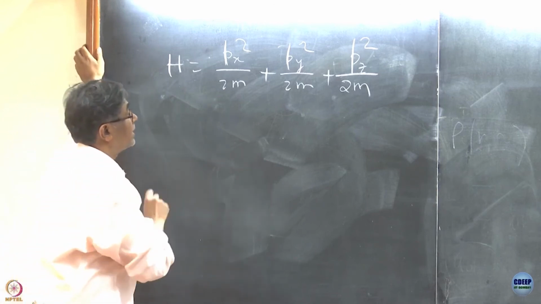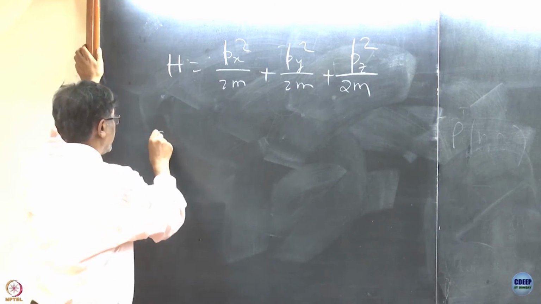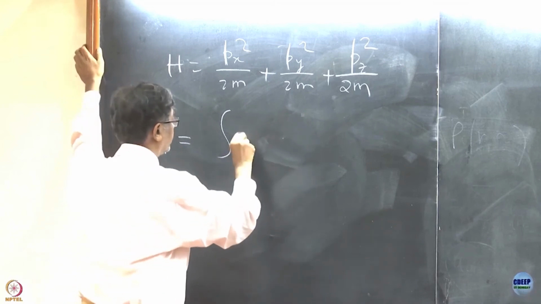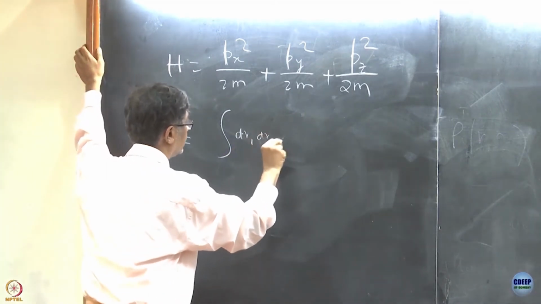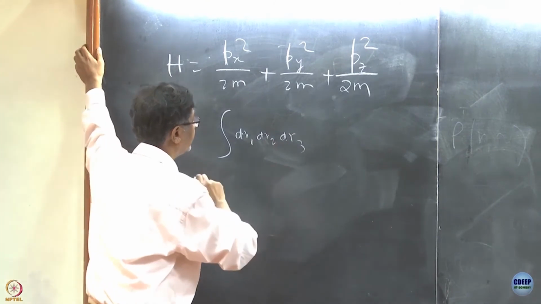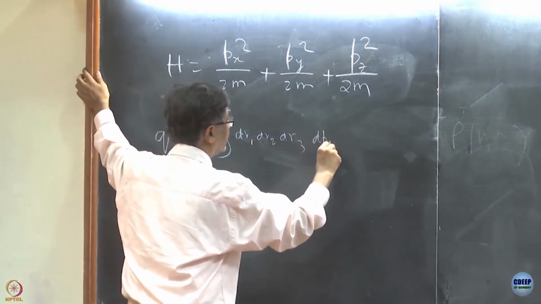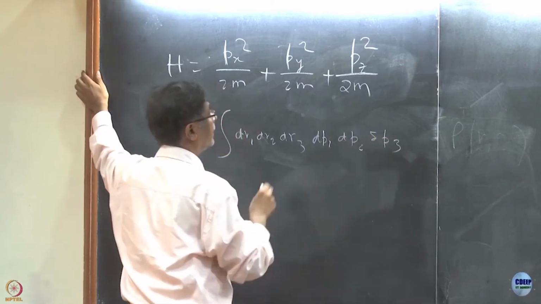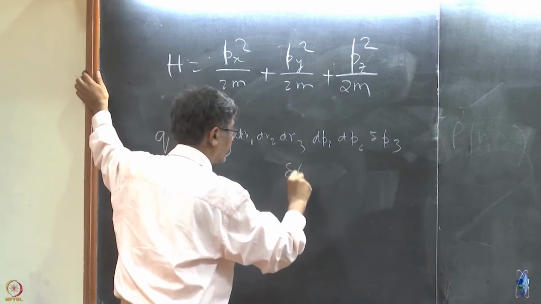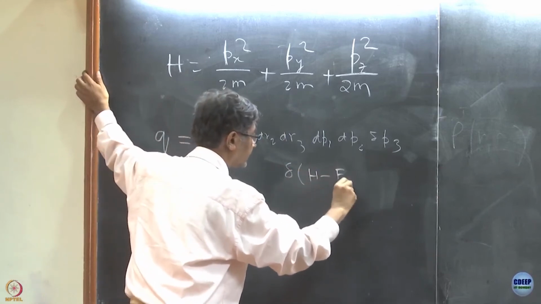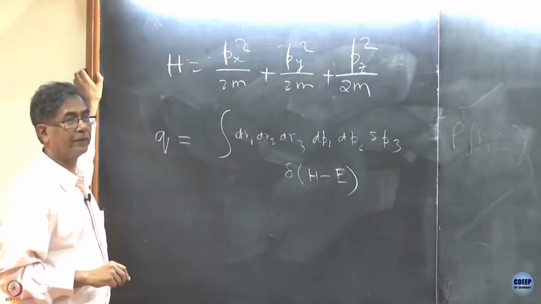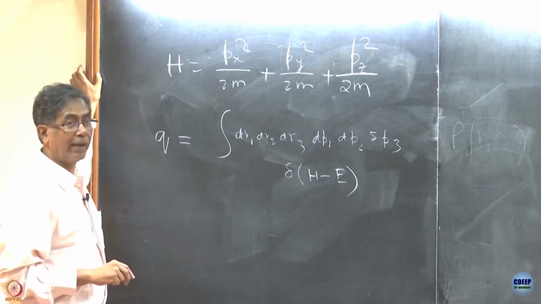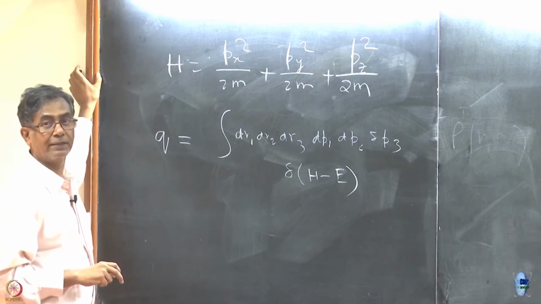So the partition function should be the integral of dr1, I just do one particle, dr3, dp1, dp2, dp3, then delta of H minus E. So NVE constant means the Hamiltonian has to have constant energy.